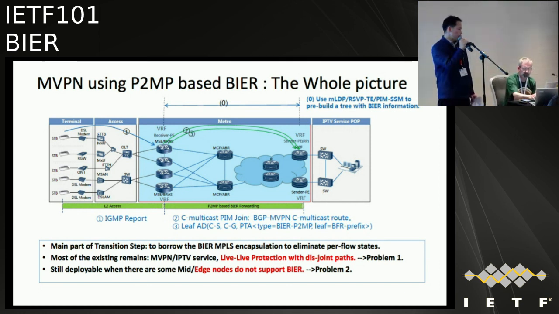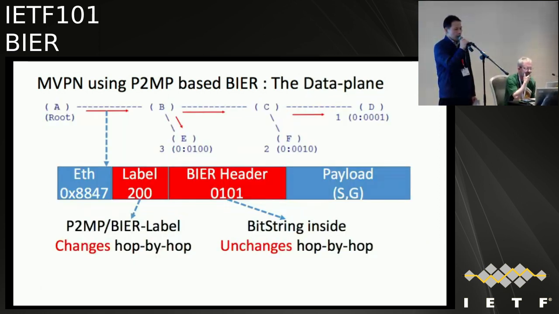So let's take a look at the data plane. Next page, please. So that's the data plane. First of all, we can see that the BIER label is also a P2MP label as well. And the label will change hop by hop when packet replication. And the bit string inside every packet is unchanged hop by hop.